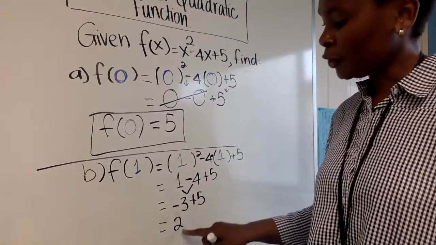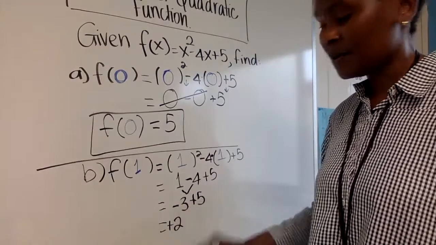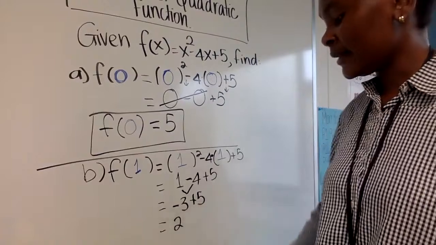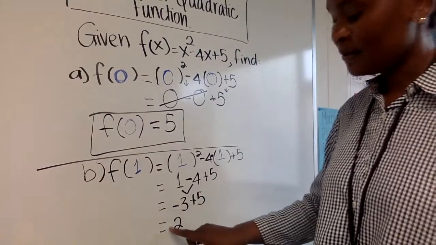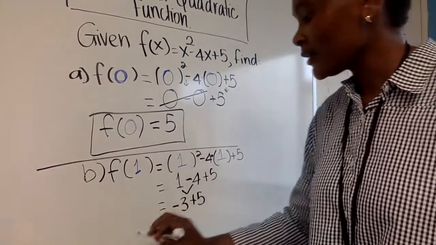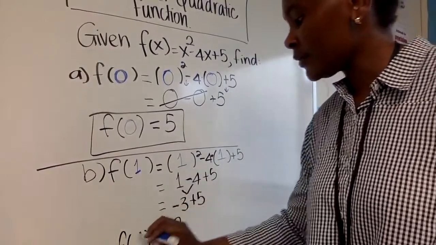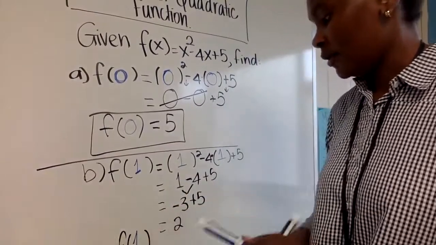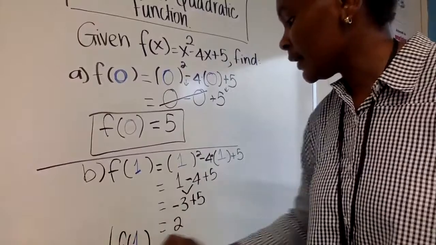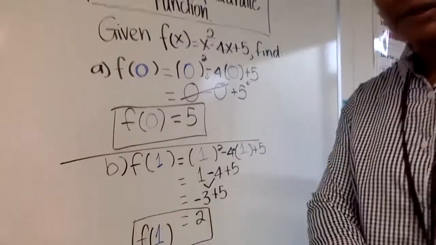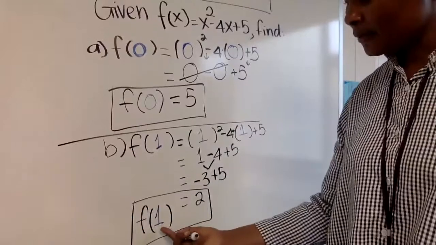When it's a single number like this, you don't need to write the plus sign. You assume it's positive. So f of 1 is equal to 2.